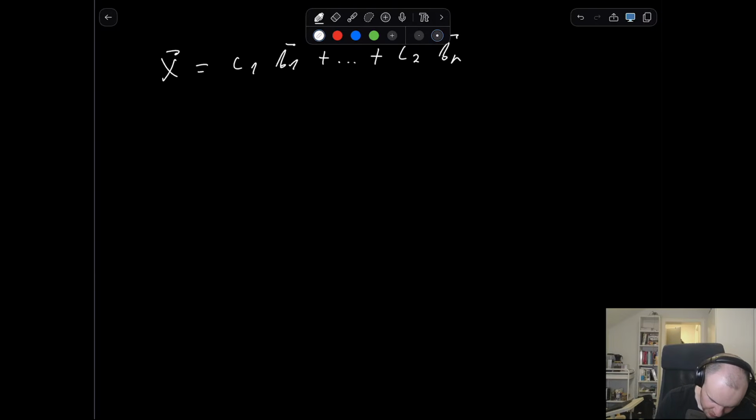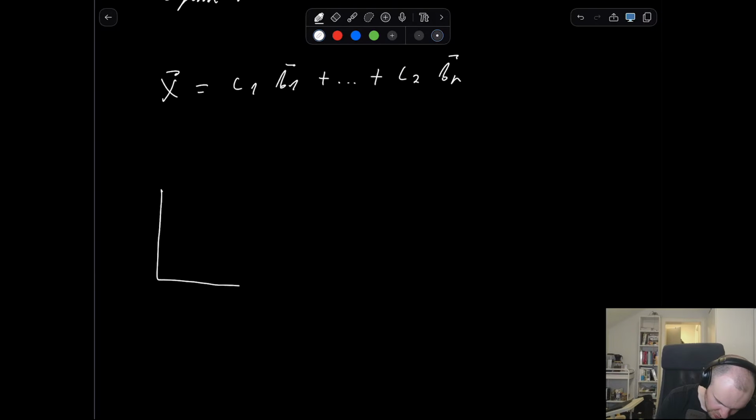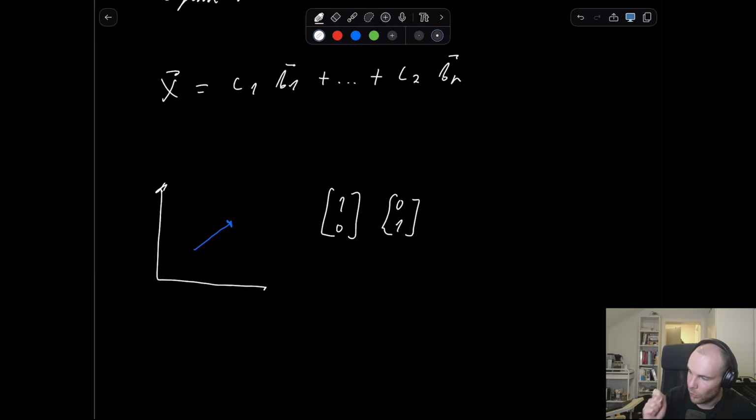What I'm trying to say is, like we're used to, if I have some kind of coordinate system, if I have this vector right here, if I use the standard basis vectors, these two guys, I can only represent this vector one way. There's no other way, right? Let's say I want to represent this vector, and I had to go 1, 2, 3 steps here, and 1, 2, 3, 4 here.